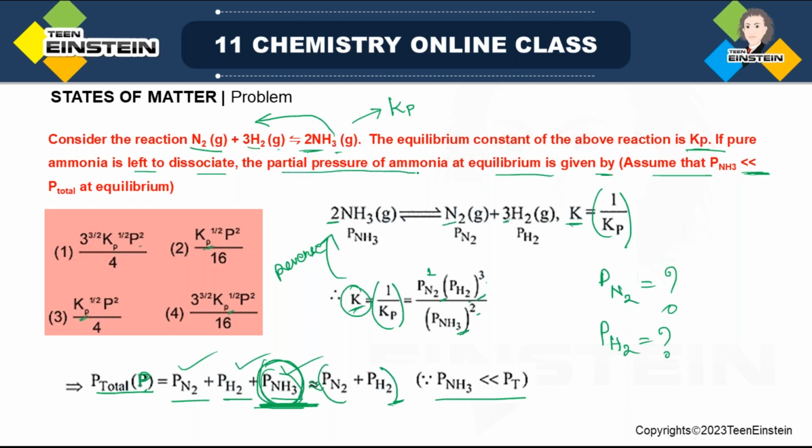In the question it is mentioned: partial pressure of ammonia at equilibrium, find out. And in this expression there will be Kp and there will be capital P. That means these two you will now be expressing in terms of capital P, which is basically the total pressure, right?